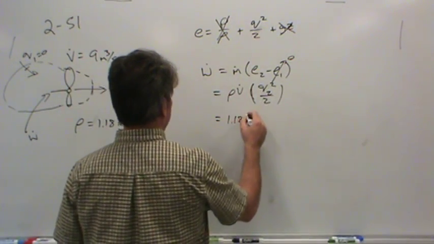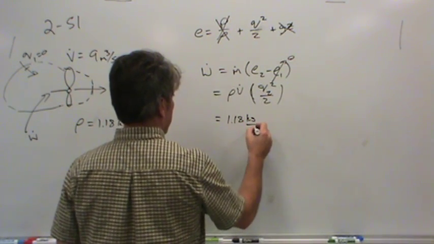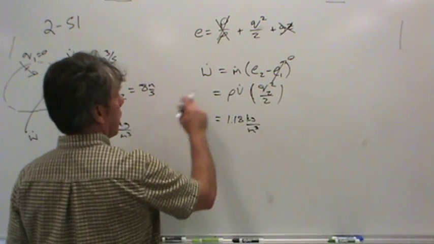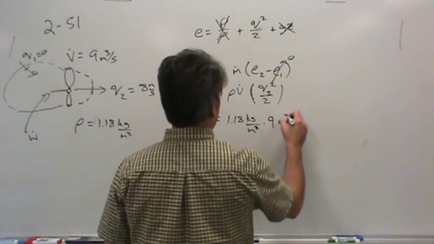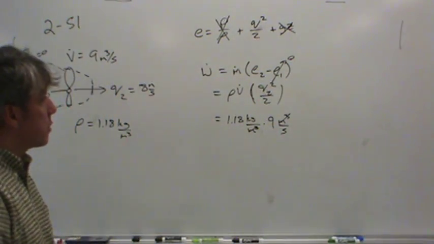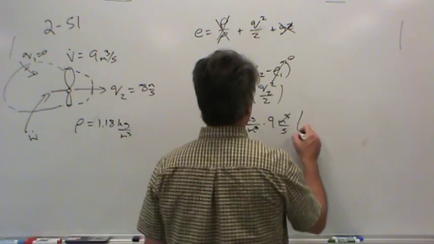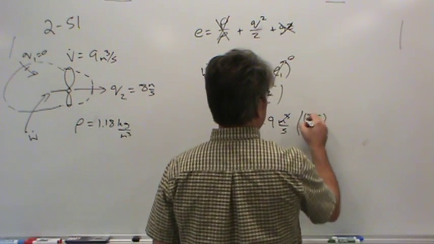Density is 1.18 kilograms per cubic meter. The volumetric flow rate was 9 cubic meters per second. So notice that gives us the mass flow rate in kilograms per second as we expected. The velocity at the exit is 8 meters per second. That has to be squared.